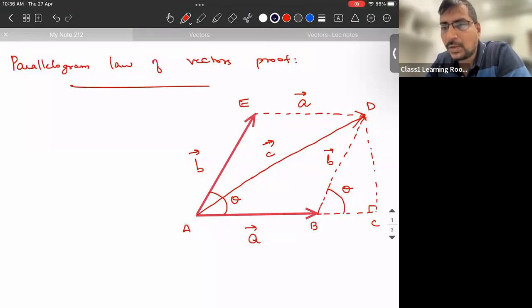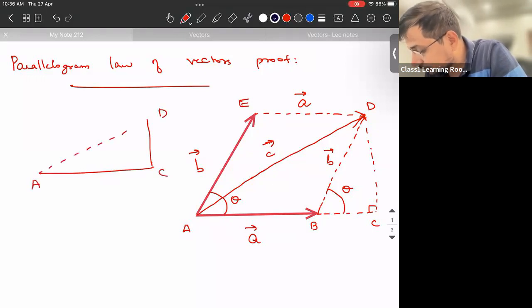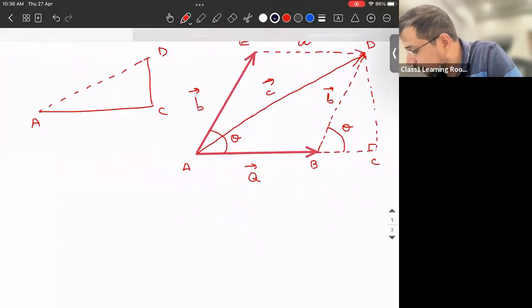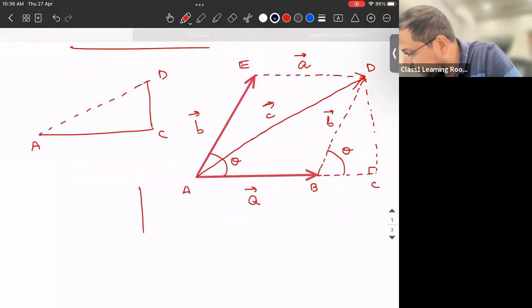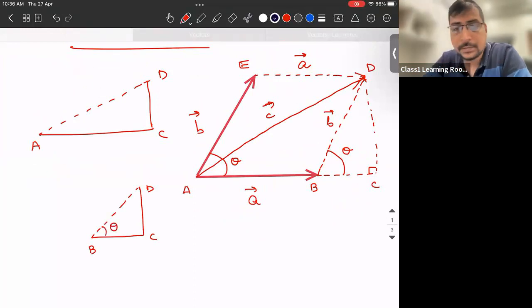Am I right? Now, what I'm going to do is consider the right angle triangle DCA, and the other triangle, DCB, which has angle theta here.